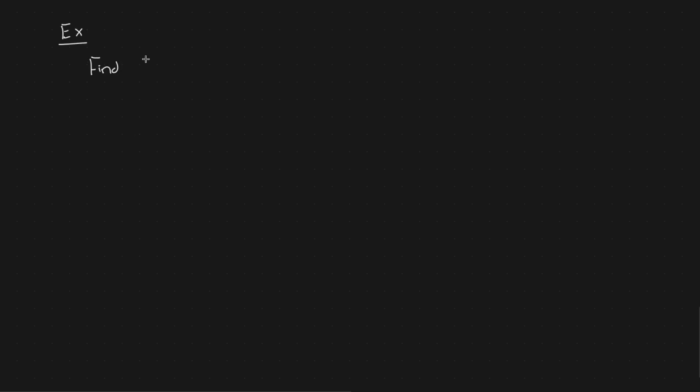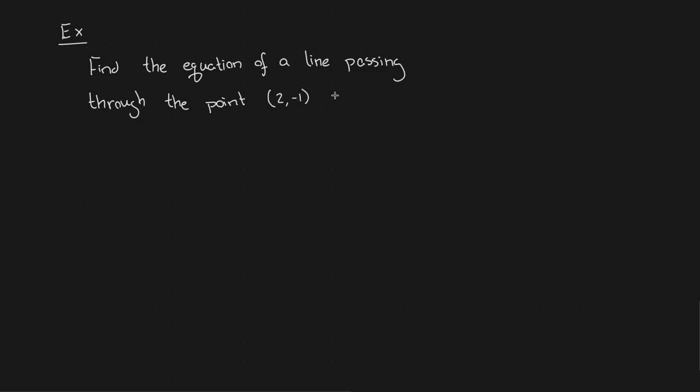Find the equation of a line passing through the point (2, -1) with normal (3, -5). Okay?